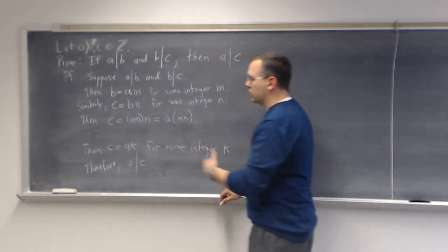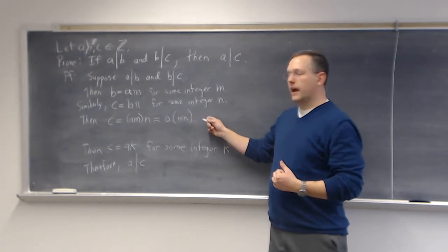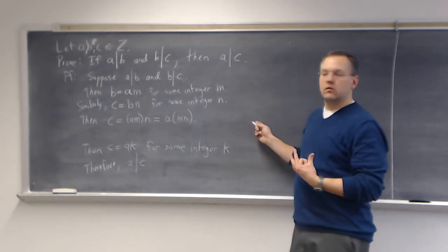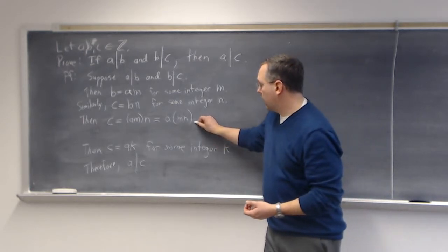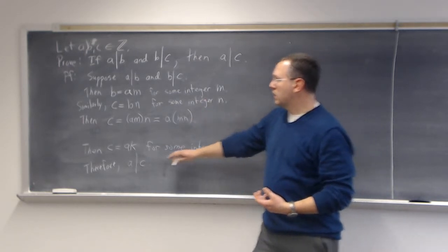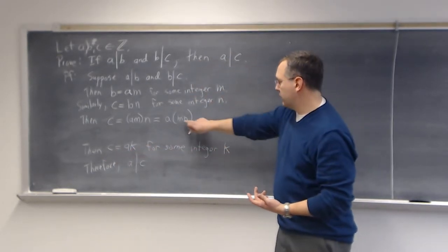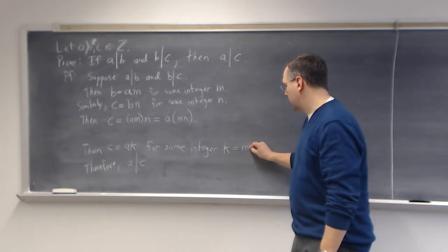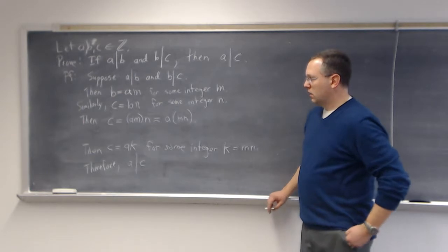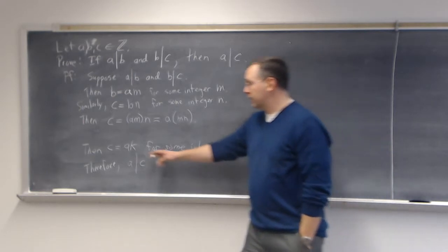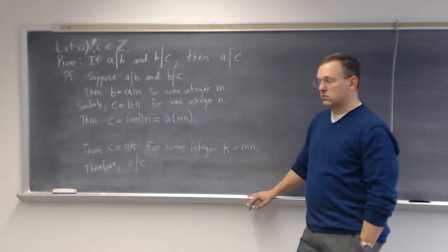And now, if we were proceeding from the top to the bottom, you might just say equals AK for some integer K, which equals MN. K is equal to M times N. Yeah. But since I wrote this already, then C equals AK for some integer K, but what does K have to be? K stands for K equals MN. Now that's the definition of A dividing C. So therefore A divides C.